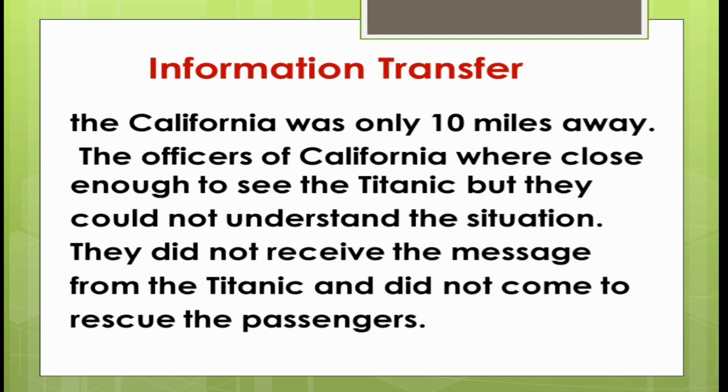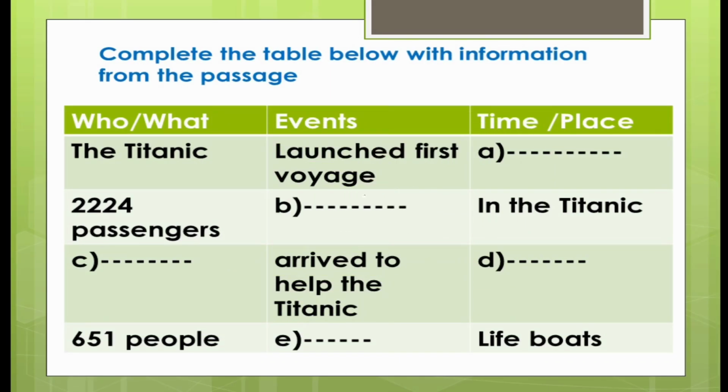Now, a sample question for you from this passage. As you can see on the screen, complete the table below with information from the passage. Once again, 3 columns and 5 rows. First one, who or what. Second one, events, time or place. The Titanic launched its first voyage, A dash.